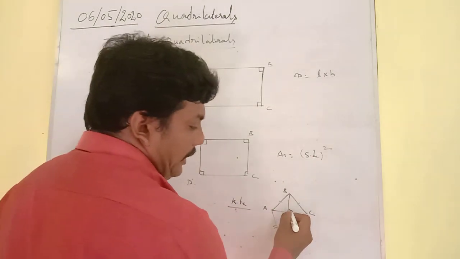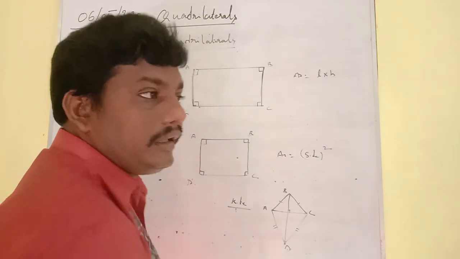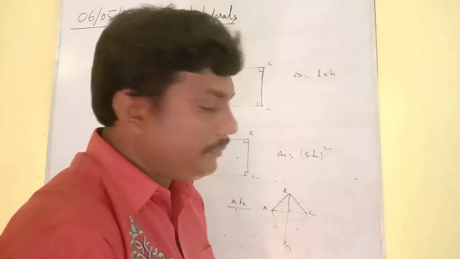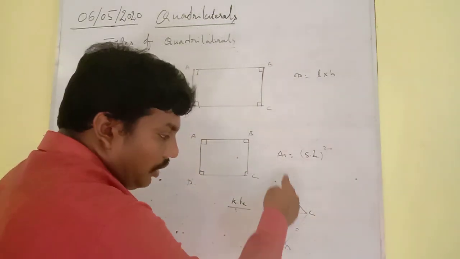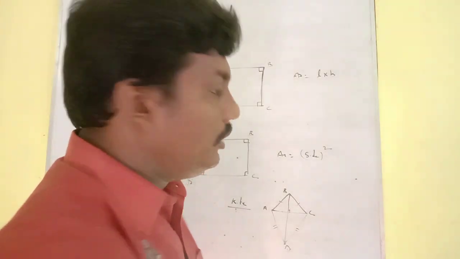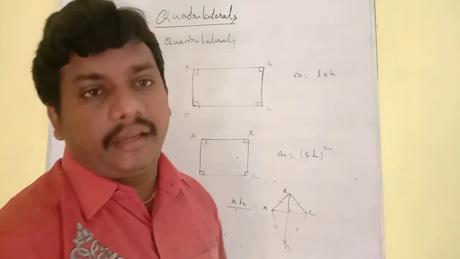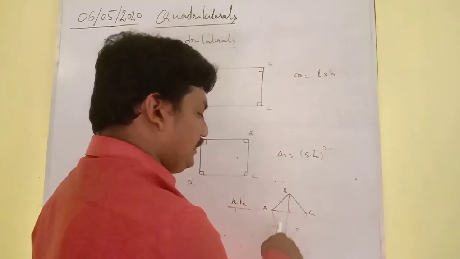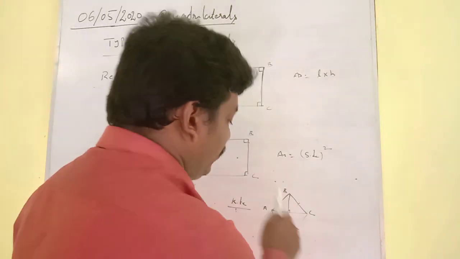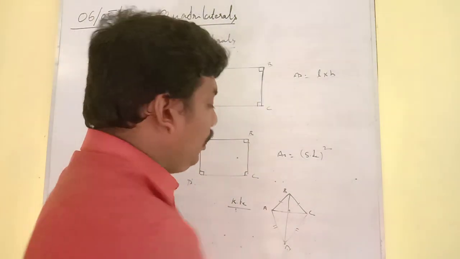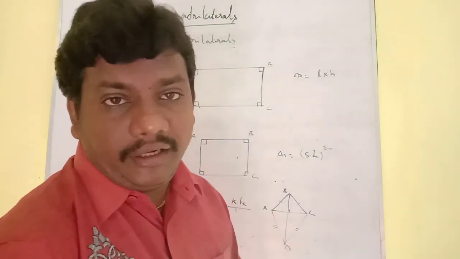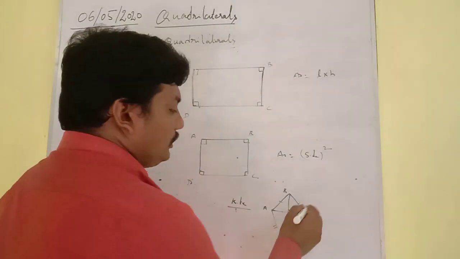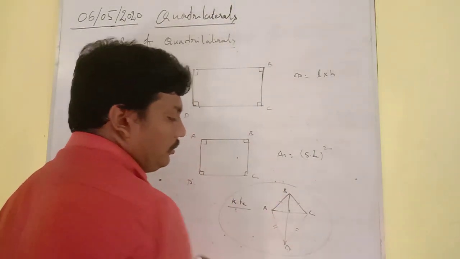The diagonals will be perpendicular, and the longer diagonal will bisect the shorter diagonal perpendicularly. So this is about the kite.